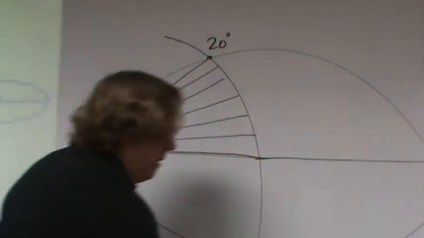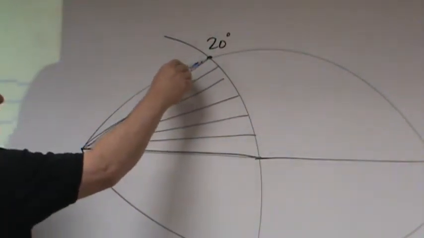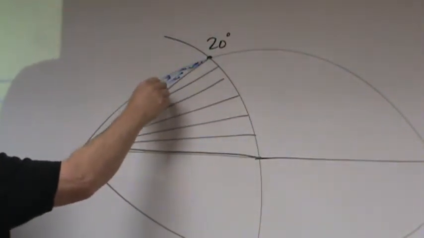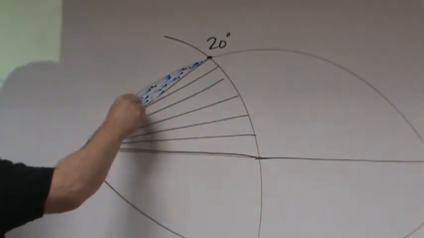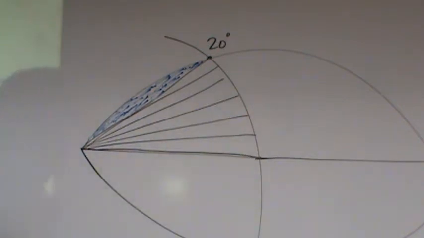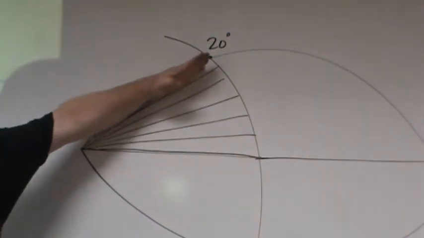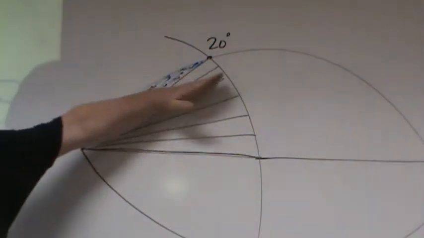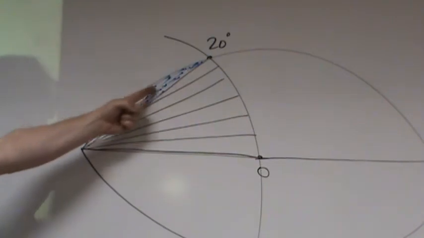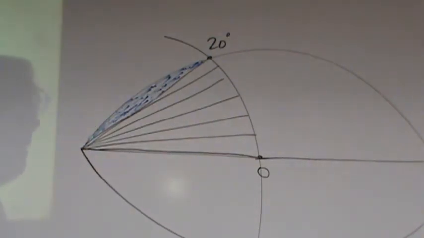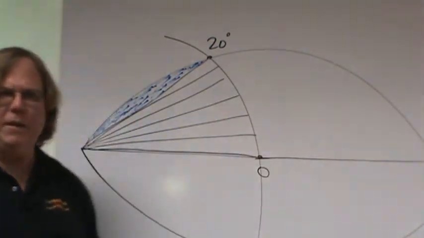But do you see, I've left behind this sliver. Integrating the circle from 0 to 20 only gets me this sector from 0 to 20. It doesn't get me this blue sliver. This blue sliver is bordered by the 3-leaf clover.